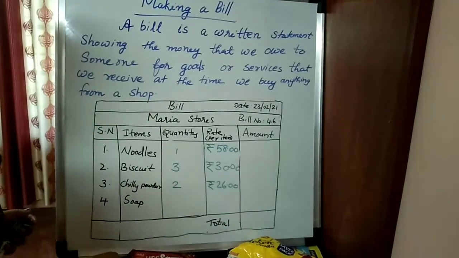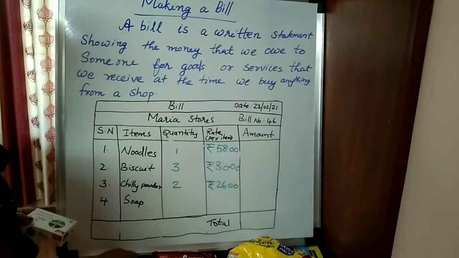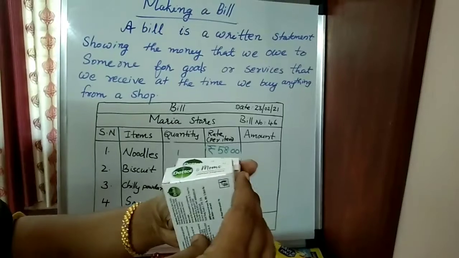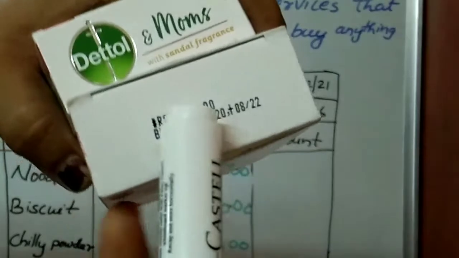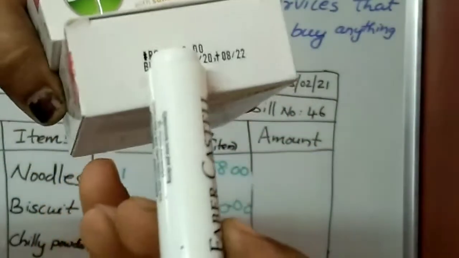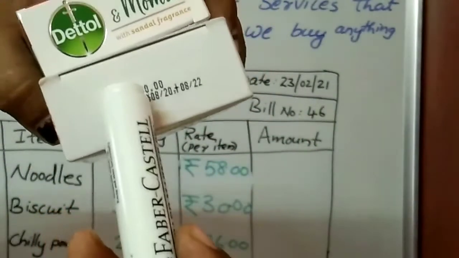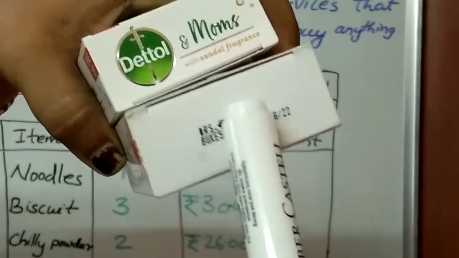Then I have purchased 2 soaps, 2 Dettol soaps. Then the cost of one soap is Rs 40.00.